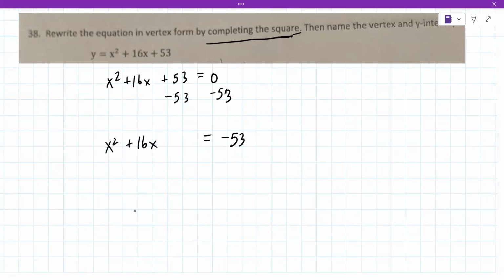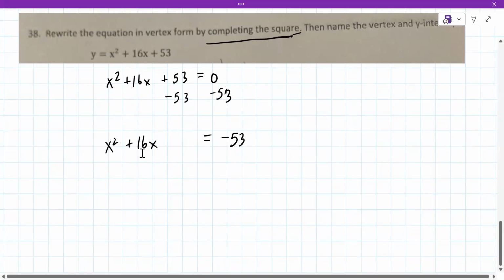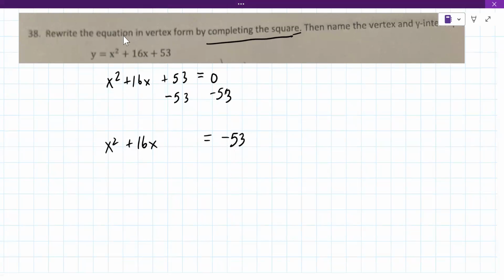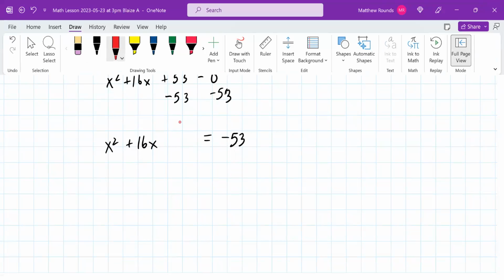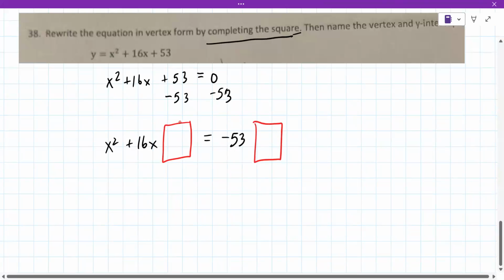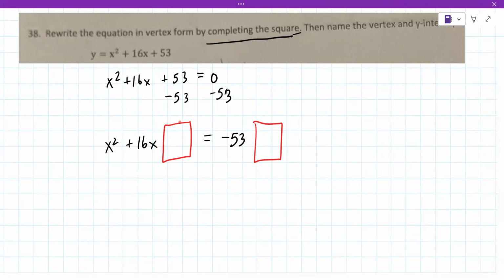So now, just like we were doing earlier, you have to take half of this number, half of 16, and then square it. Can you tell me what that becomes? 8, and then 8 times 8 is 64. Plus 64, plus 64. All right, and this thing on the left is what's called a perfect square trinomial.